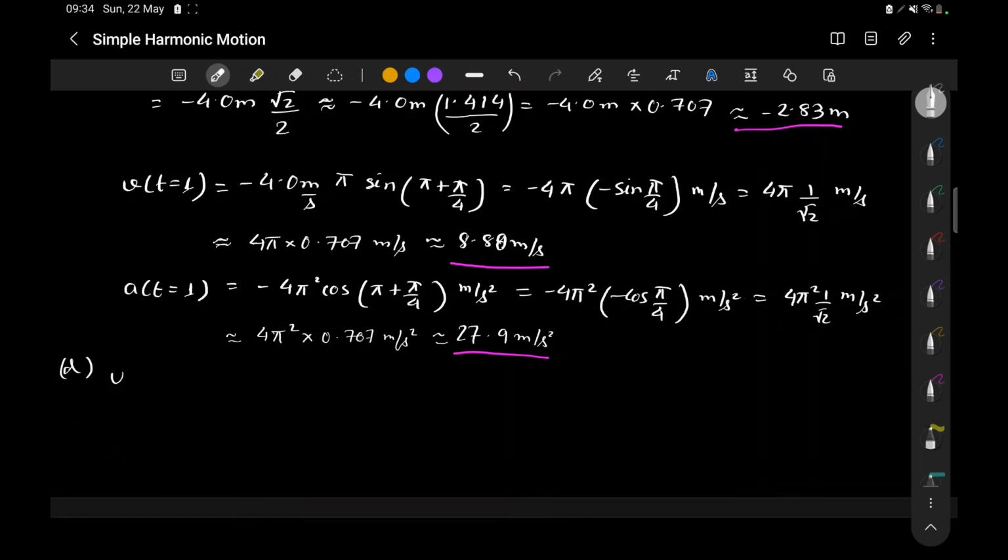Let us write down the expressions that we found for velocity and acceleration first.